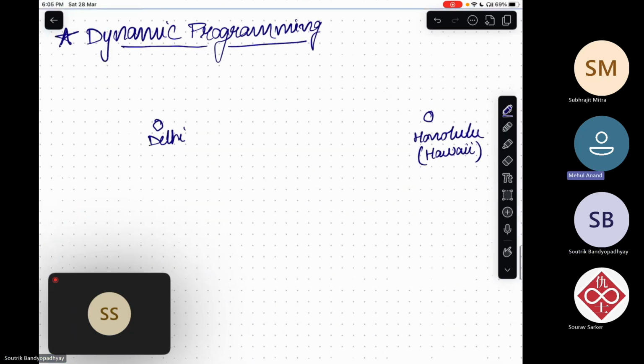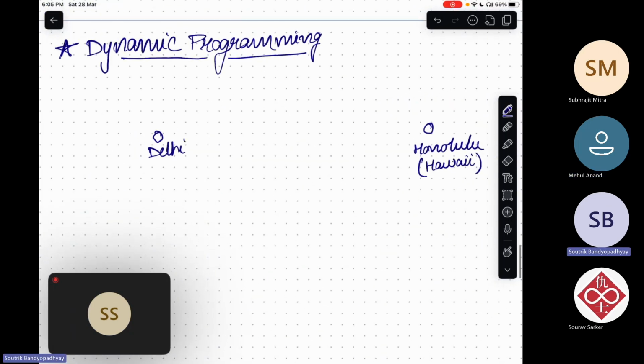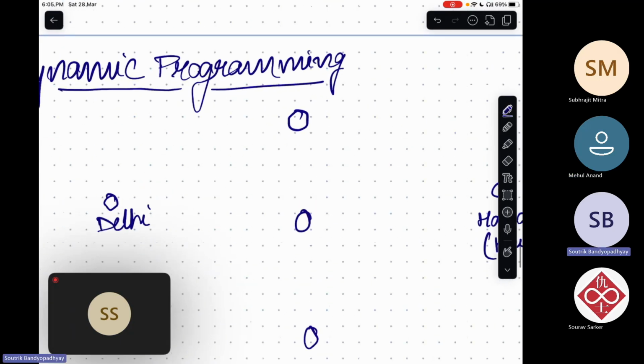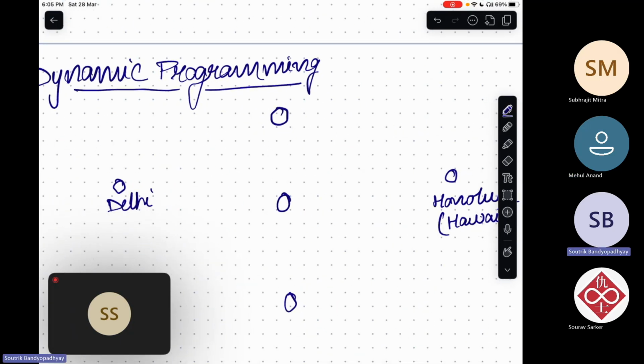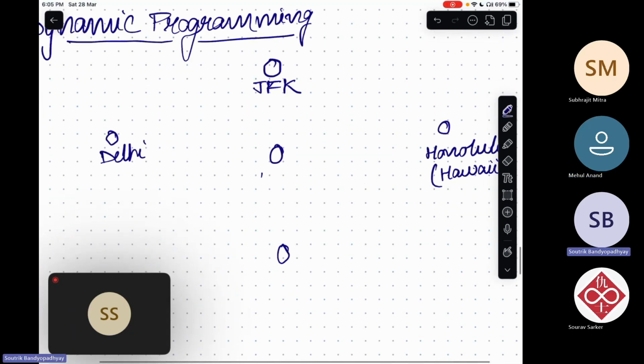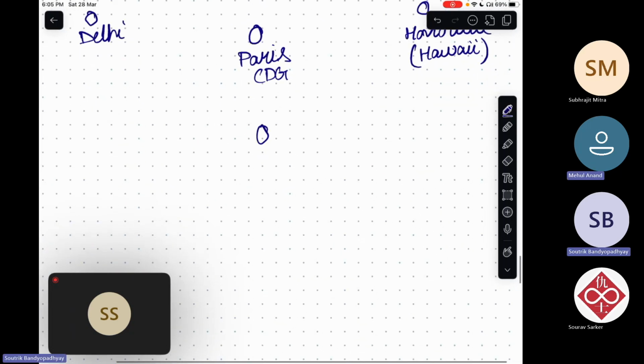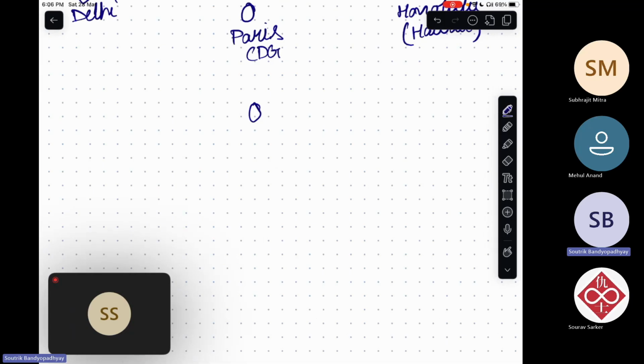Now, suppose there is no direct flight from Delhi to Honolulu, as far as I am aware. Let's say there are a bunch of layovers to choose from. So let's say there is a flight from New Delhi to JFK, New Delhi to Paris CDG, Charles de Gaulle Airport, and let's say a flight to Oman.